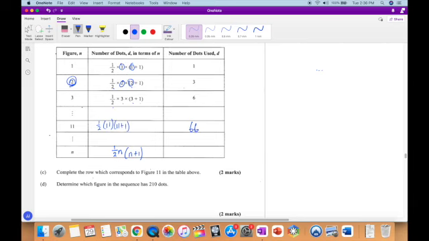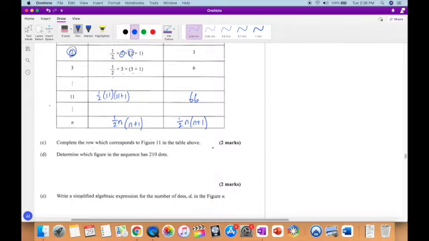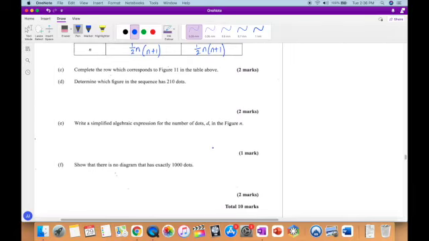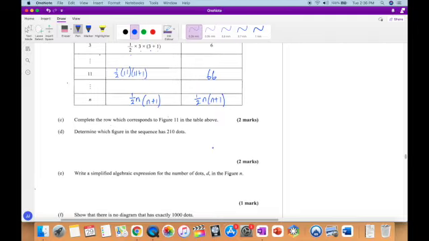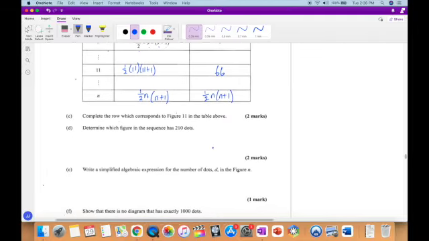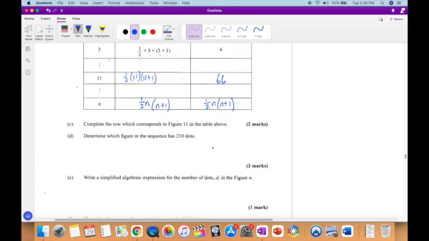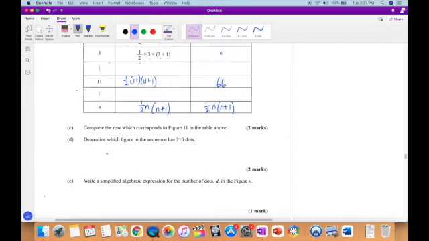Then of course over here will be a half n into n plus 1. Okay, so determine which figure in the sequence has 210 dots. So we now have a half n into n plus 1. So which n will have 210 dots?